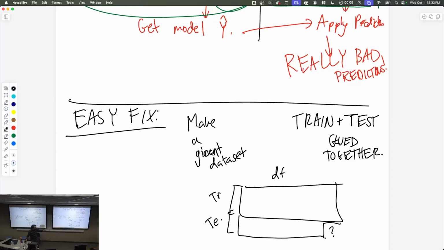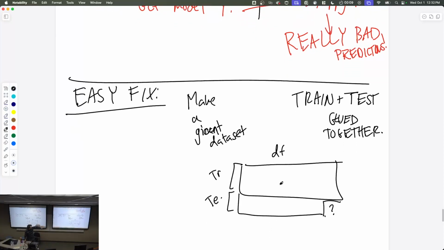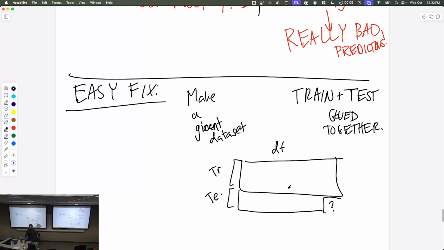And then once they're glued together, you can do anything you want. If you want to standardize or normalize, you can do it on this combined data set, and whatever it does to the train rows, it should do the equal thing to the test rows. If you want to add columns or do a one-hot encoding for categorical things, do it on both of them. So do all your data pre-processing on this train-test glued together thing.